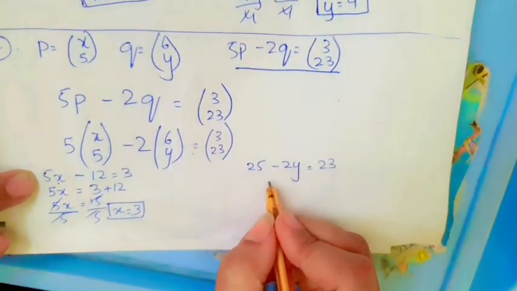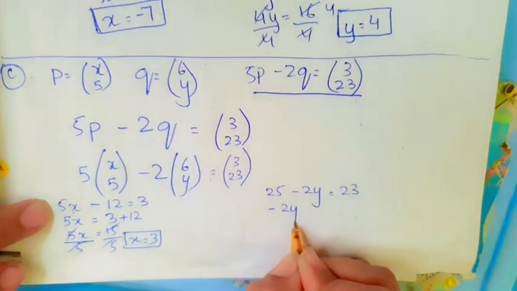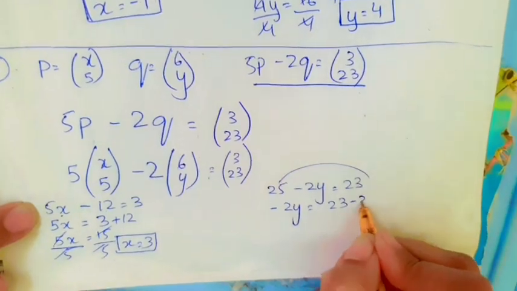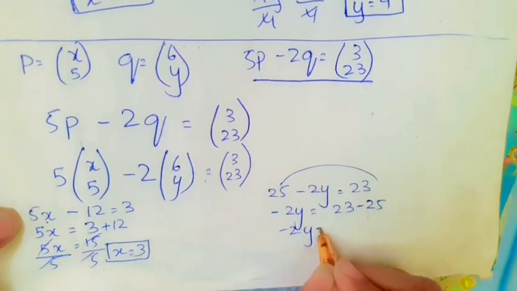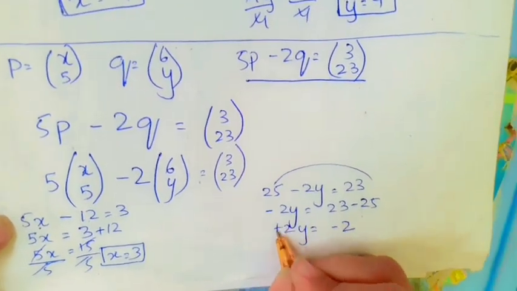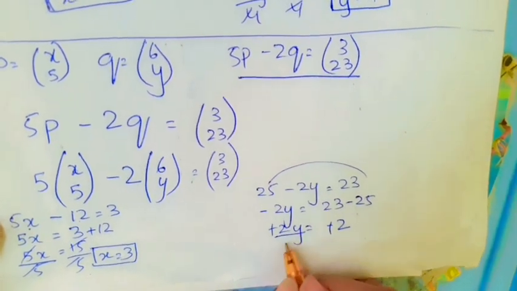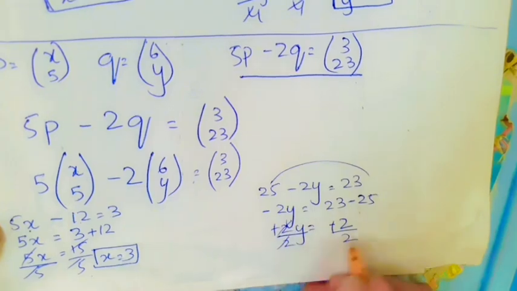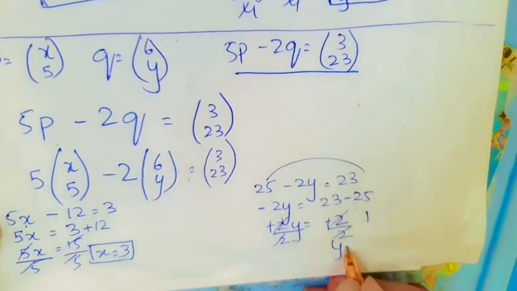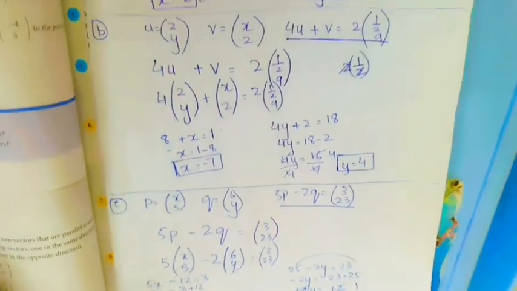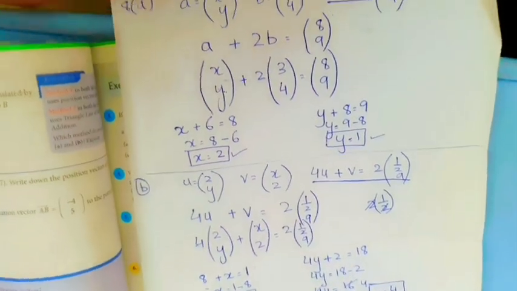And over here minus 2y, and if I shift 25 over this side, it would be minus 25. So minus 2y is equal to minus 2. Cancel the minus sign from both sides, now divide by 2 on both sides, so the 2 and 2 will be cancelled, so the value of y is equal to 1. So this was part C. We have solved the value of x and y in all three parts. I hope you understand. Thanks for watching my video.